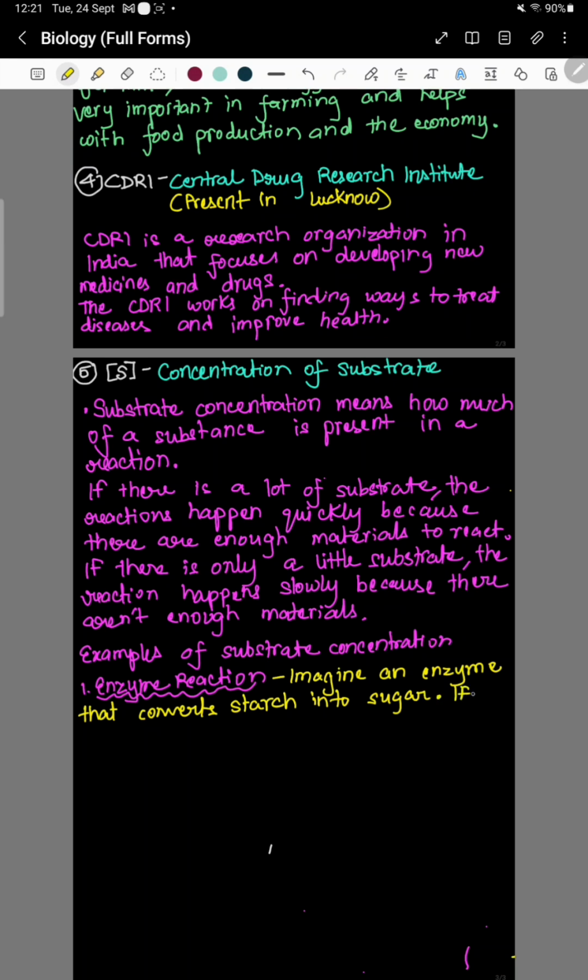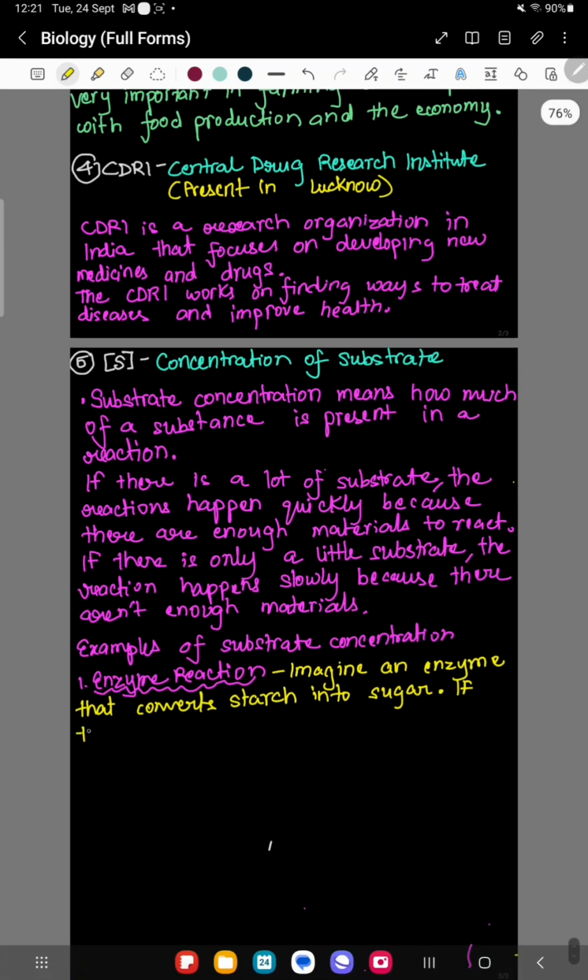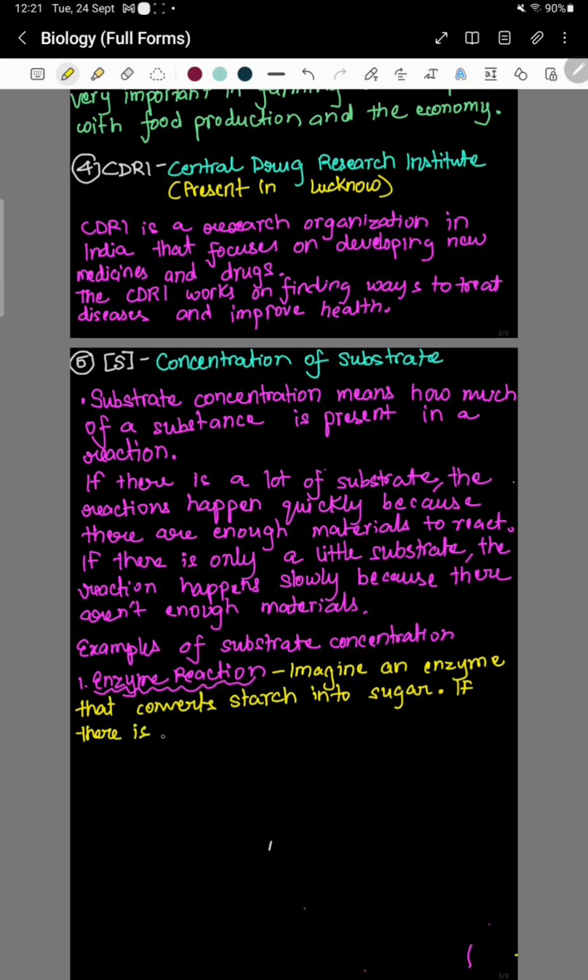If there is a lot of starch, the enzyme will work quickly and produce a lot of sugar.